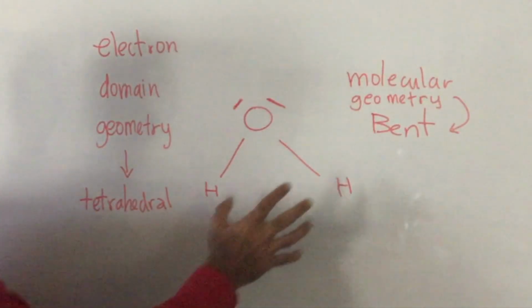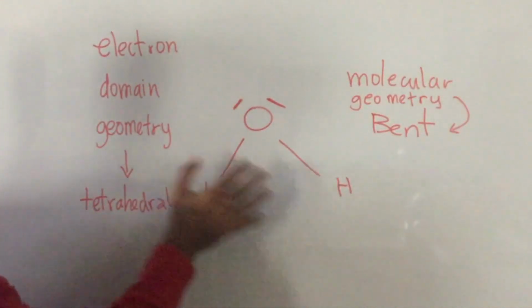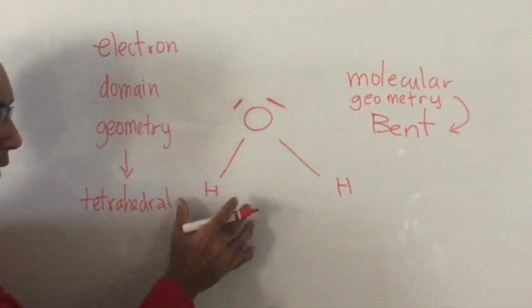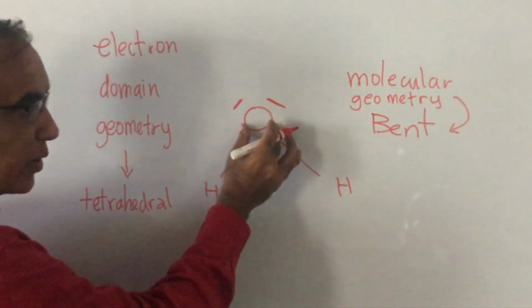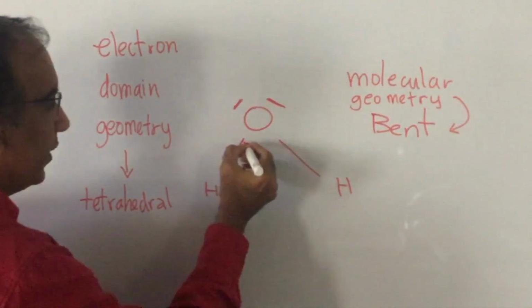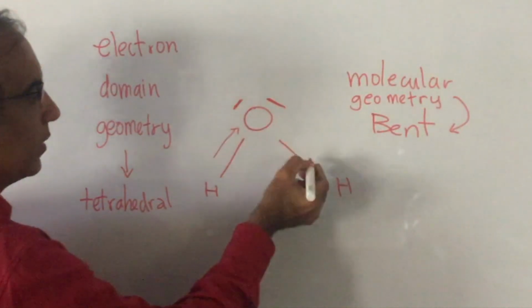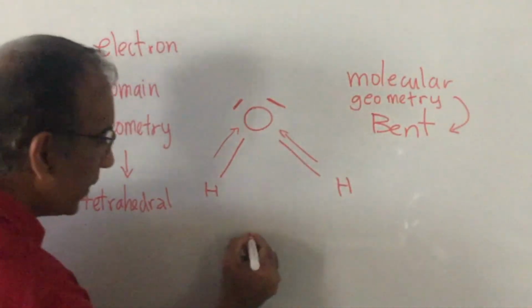And in addition to the fact that the water molecule has the bent molecular geometry and the tetrahedral electron domain geometry, we also need to consider the fact that this water molecule is a polar molecule, because oxygen is very much more electronegative than hydrogen. And the shared electrons in this covalent bond are held that much closer to oxygen than they are to hydrogen, creating bond polarity.